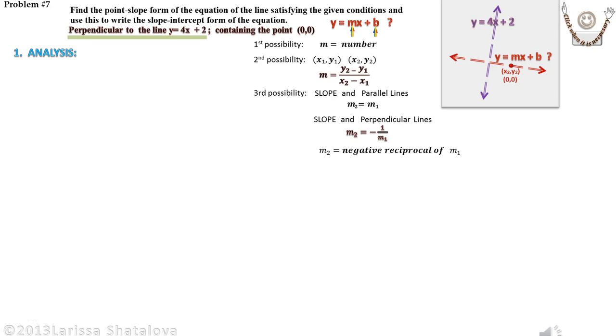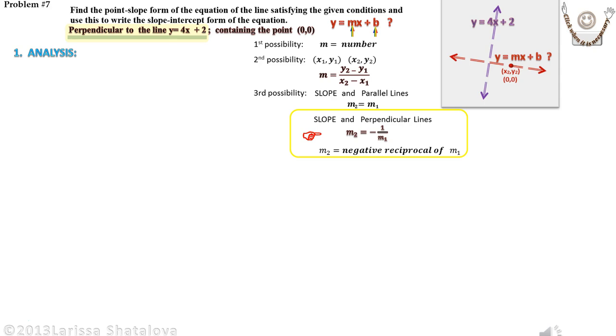And this time we have to use the third possibility because we are talking about perpendicular lines. As you remember, the slope of perpendicular lines tells us the second slope is always the negative reciprocal of the first one. We are going to use this idea in order to find the slope of our line.